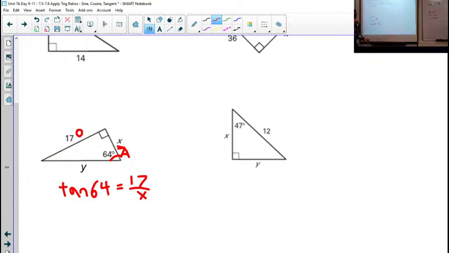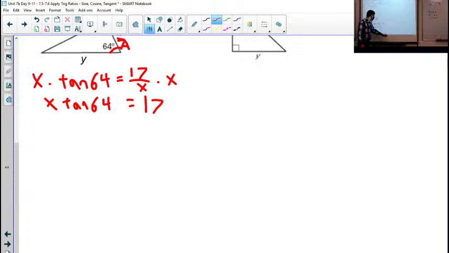And now, I'm going to do this quicker than yesterday. We're going to solve by getting rid of our fraction. Multiply by whatever's on the bottom. So what's on the bottom here is x. So we're going to multiply by x to get rid of the fraction over here, and we just have 17. Then on the left side, we have x times the tangent of 64. And so we're going to divide by the tangent of 64 on both sides.